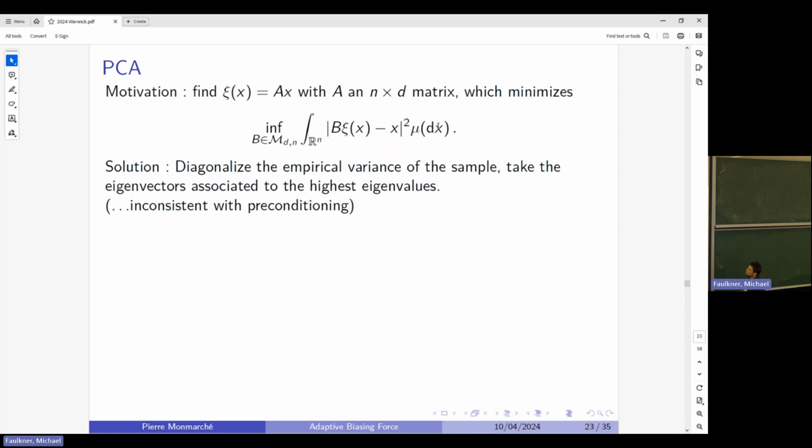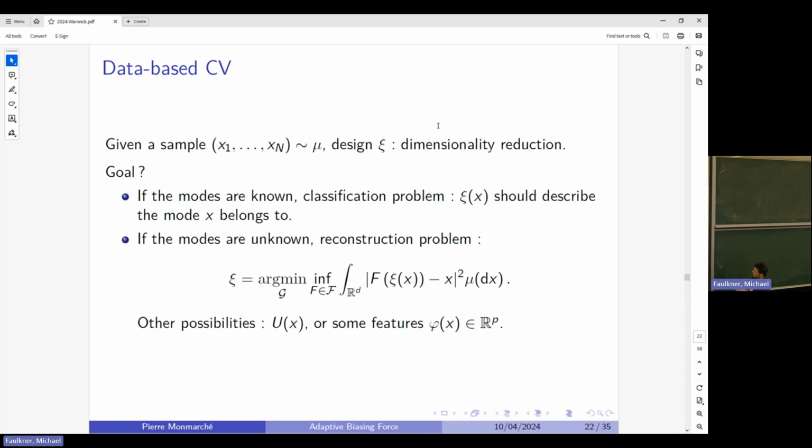So of course, the simplest thing you can think of in terms of reconstruction is let's be linear. Okay, so let's do a PCA, which is exactly answering this question. Maybe I haven't discussed this formula.